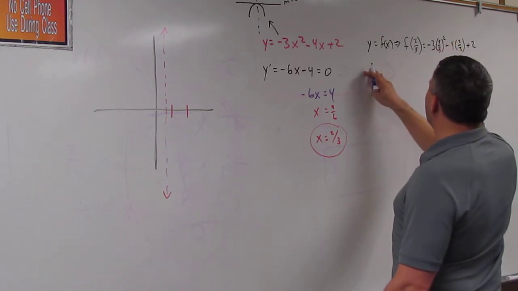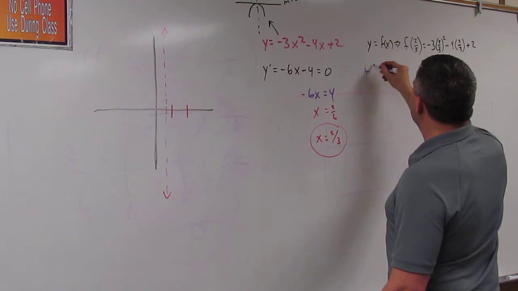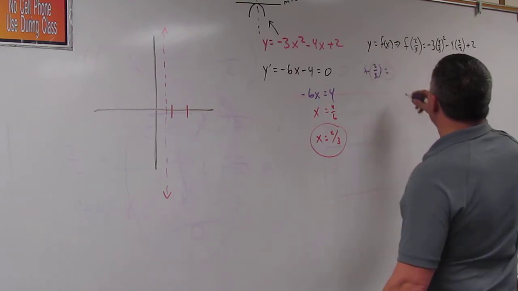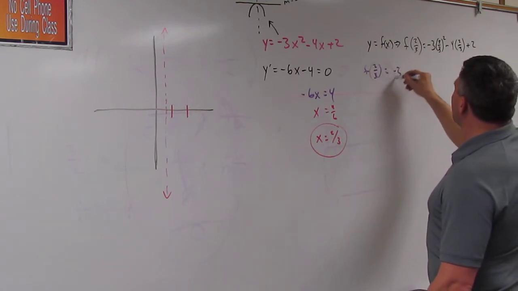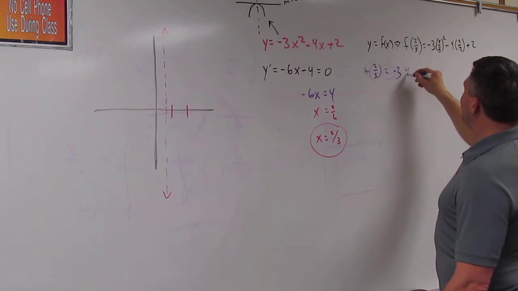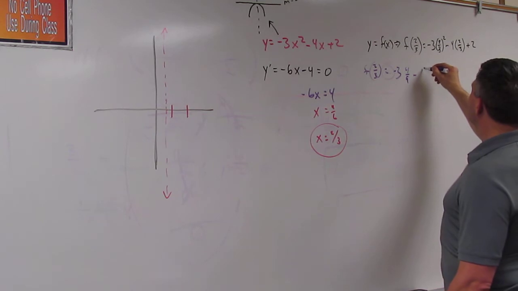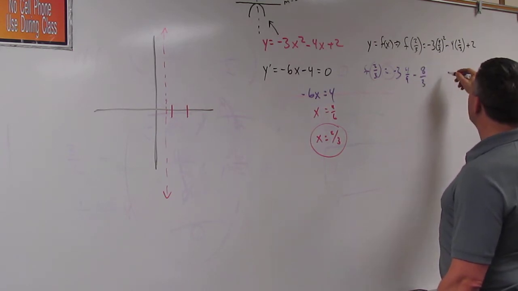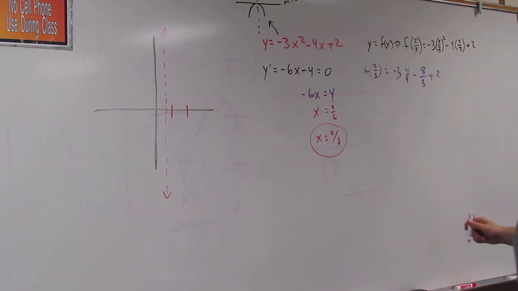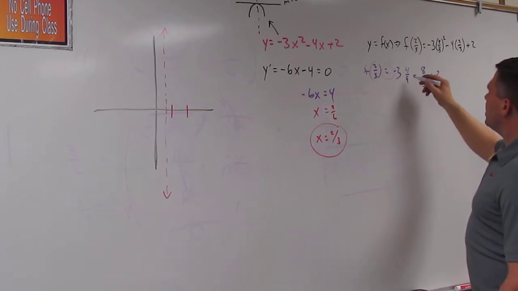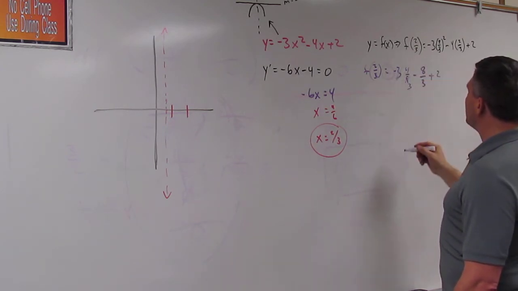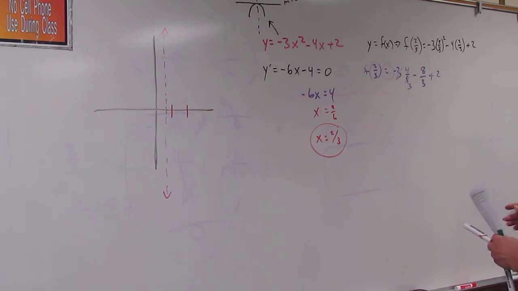So f of 2/3 is equal to negative 3 times 4 over 9 minus 8 over 3 plus 2. And now I have 3 and 3, so negative 4/3.